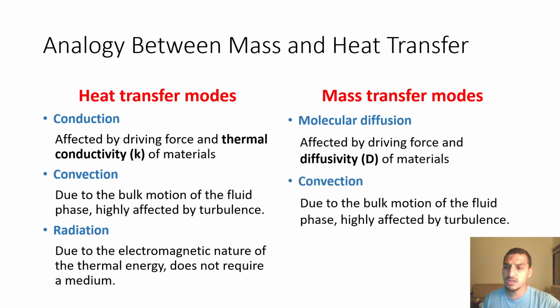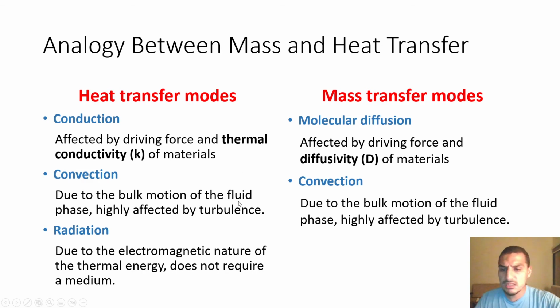We have a stagnant medium, like any solid material or any stagnant fluid, air or liquid, and the heat is transferred due to the difference in temperatures, and it's affected by the thermal conductivity. Higher thermal conductivity means a higher rate of heat transfer. The same is true in mass transfer, where we have diffusivity, which corresponds to the thermal conductivity. If the diffusivity value is high, then the rate of mass transfer is high, and vice versa.